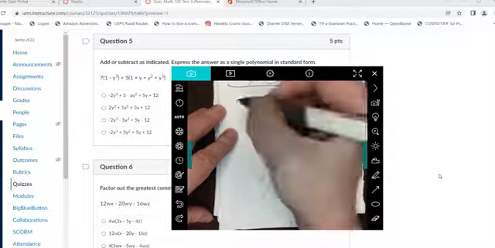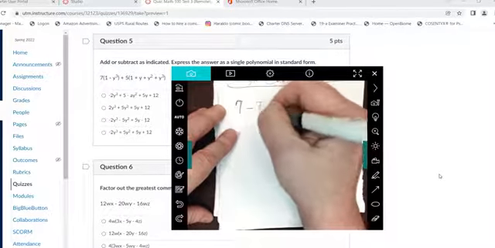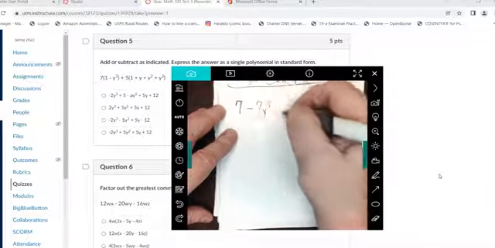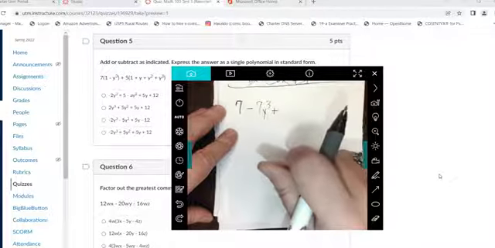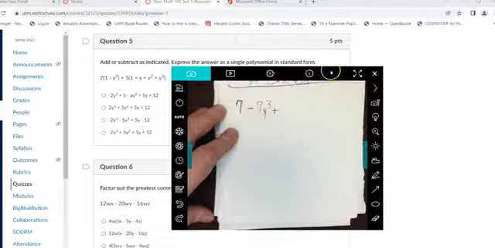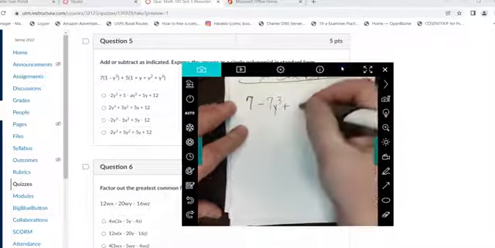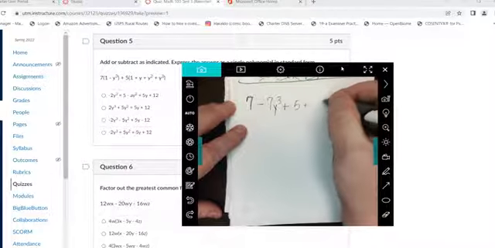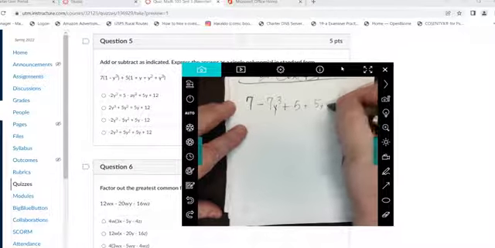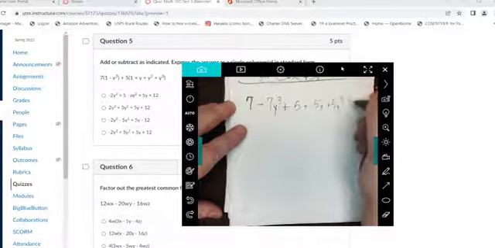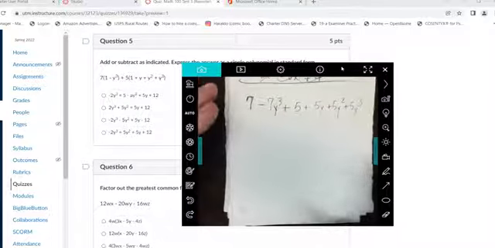I'll get a better pen. 7 minus 7 times y cubed plus, then I want to multiply 5 through the first set of parentheses. Plus 5y cubed.